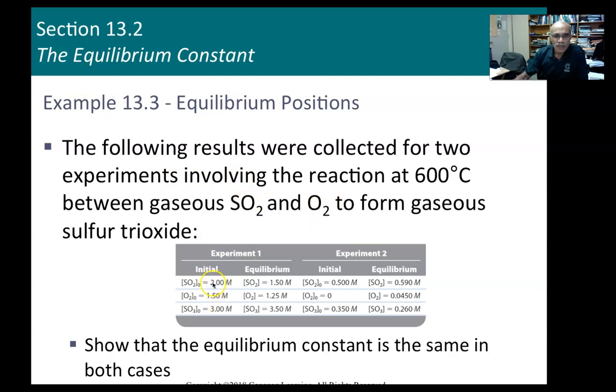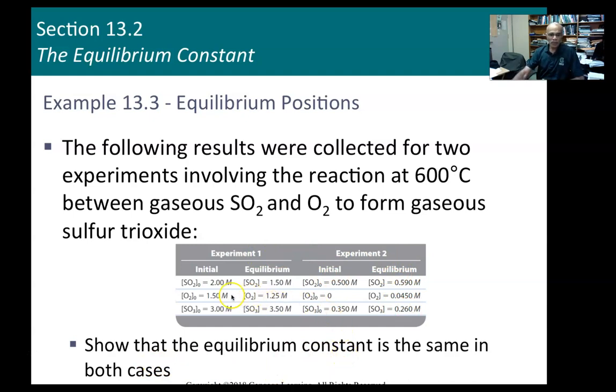Notice that this is the initial concentration of SO2, initial concentration of oxygen, and initial concentration of SO3. These are the equilibrium, and that is initial, that is equilibrium. So 2 experiments, so that the equilibrium constant is the same.